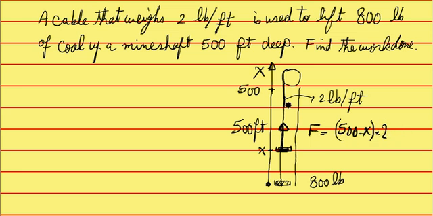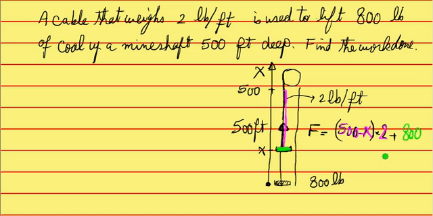So that's the weight of this section of the cable. Okay, so 500 minus x times 2 is how much this weighs. And then of course you have the coal. Let's have some green coal, and then we are adding to that the weight of the coal, which is 800 pounds.